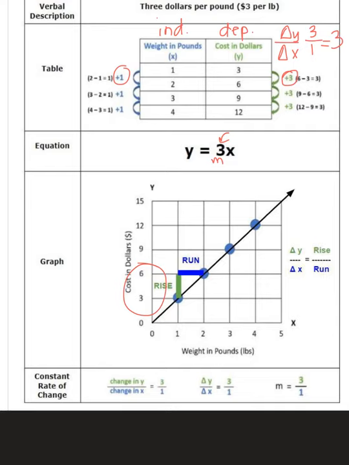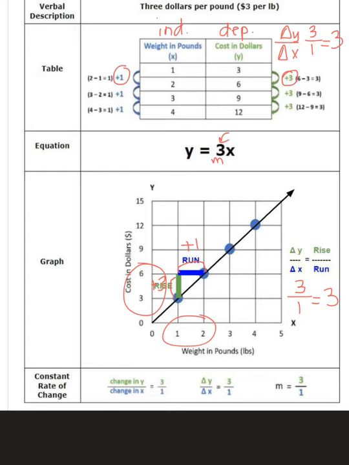We went from 3 to 6, so that was a plus 3. We went up 3. And then we're going to run. If we look over here, that's going to be plus 1. Put it together in your ratio. The change in the y would go at the top, over the change in the x in the denominator, and you would still get 3. So notice in all of these situations, you still get a constant rate of change of 3.